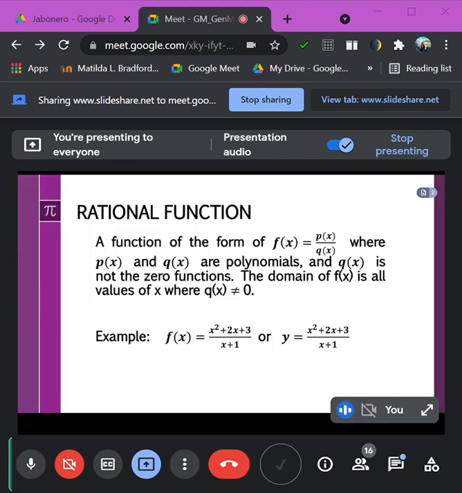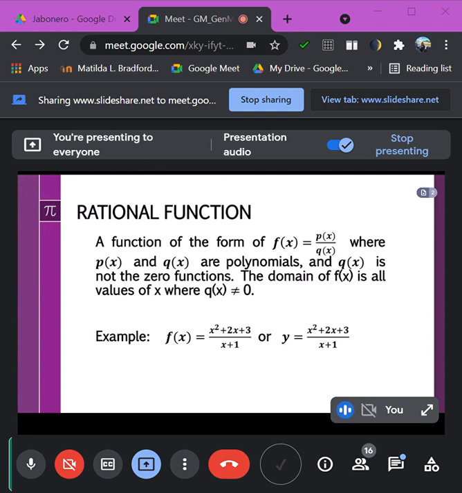So now we have here a rational function is a form of function of f of x is equals to p of x over q of x, where p of x and q of x are polynomials. So the same as what Alabiste said a while ago. And q of x is not the zero function.